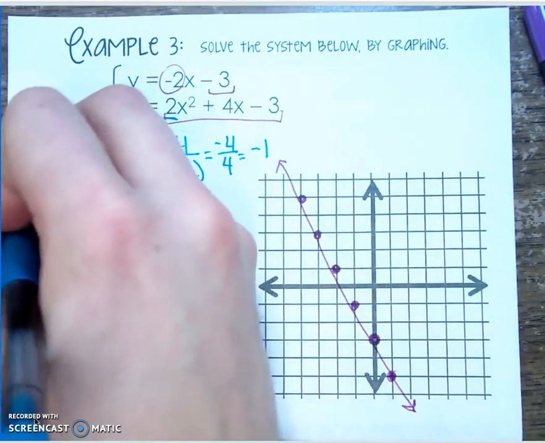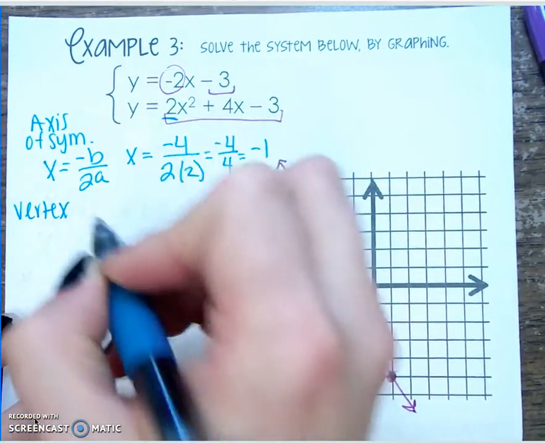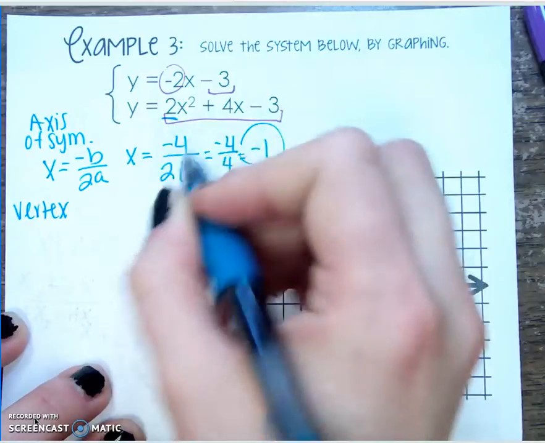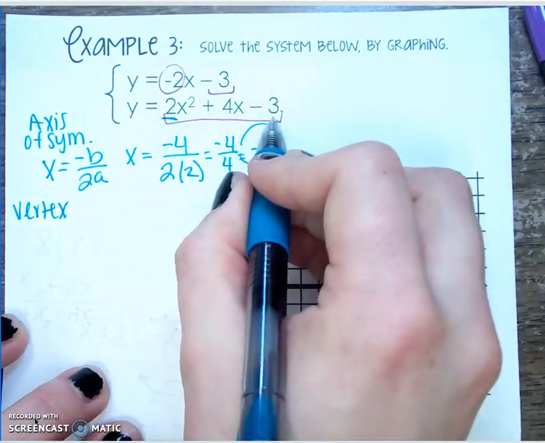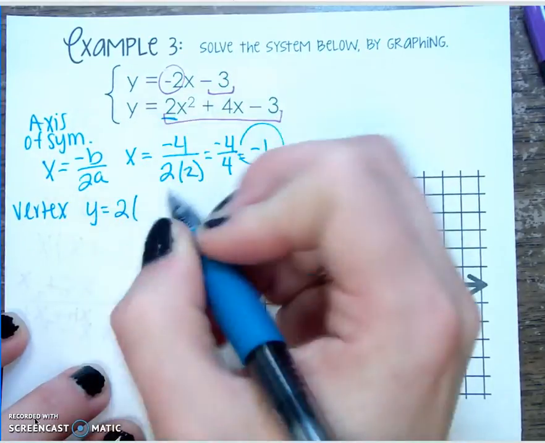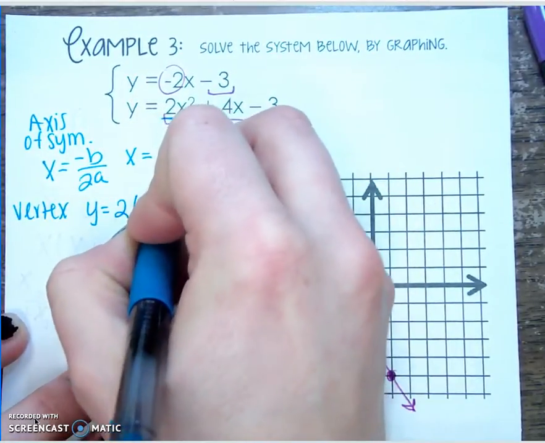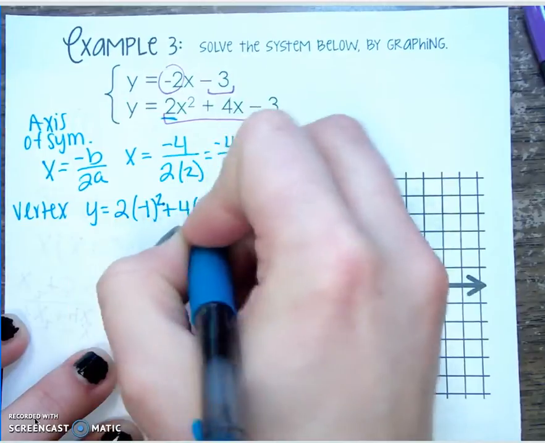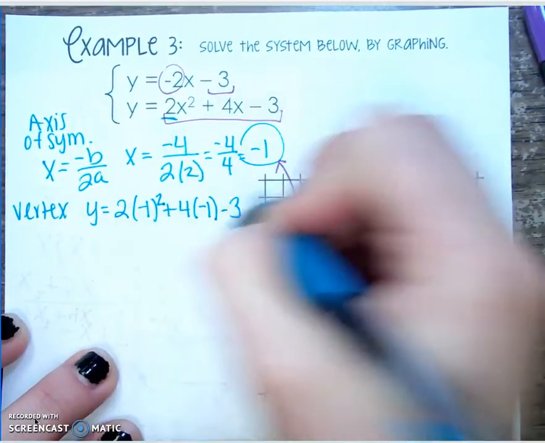Now I got to find the vertex of my parabola. I'm going to plug in what x is into my equation. So 2 times negative 1 squared plus 4 times negative 1 minus 3.